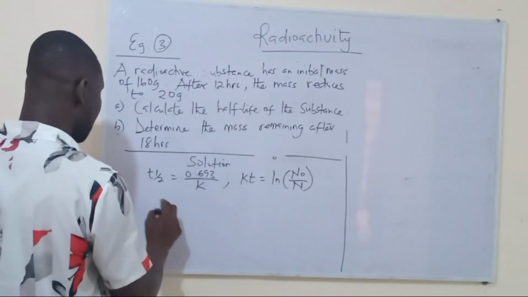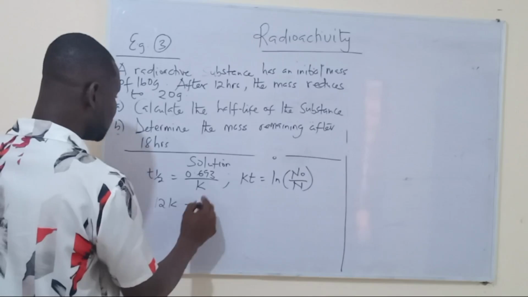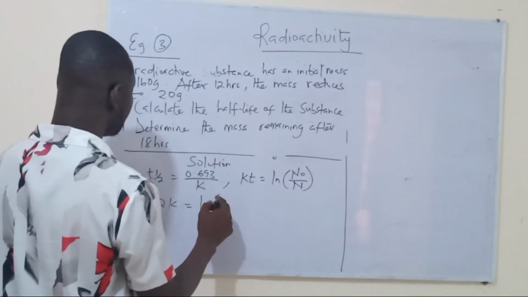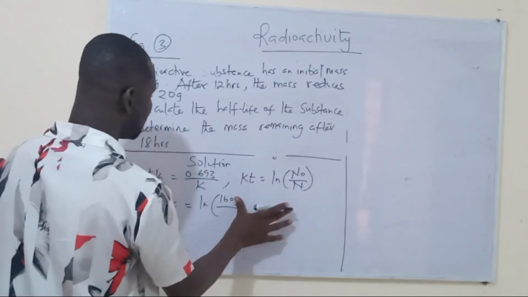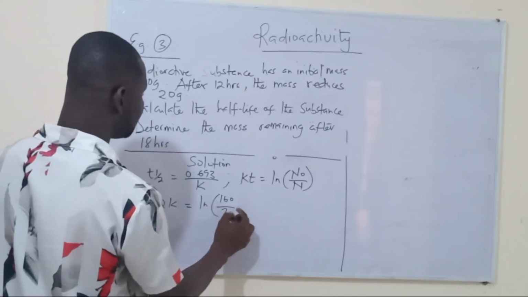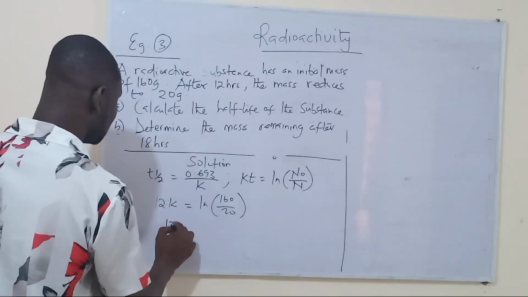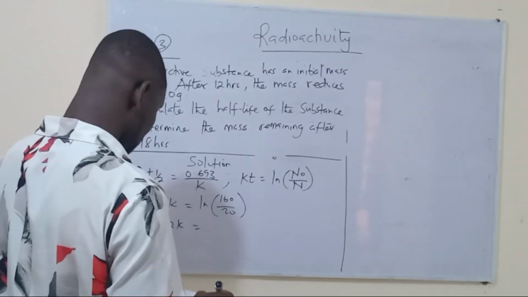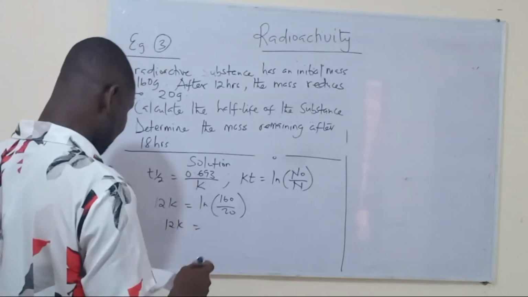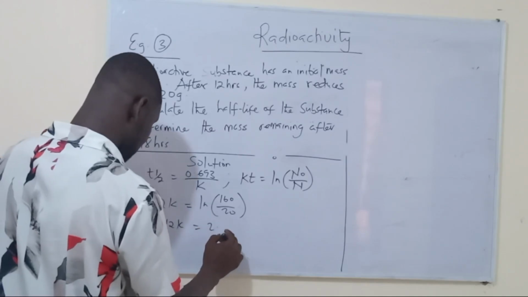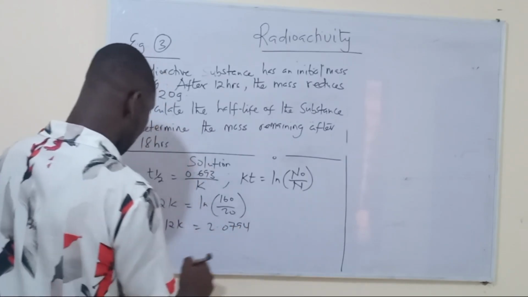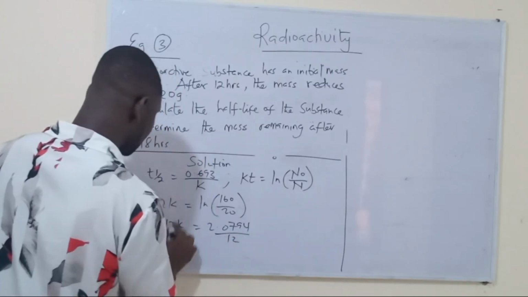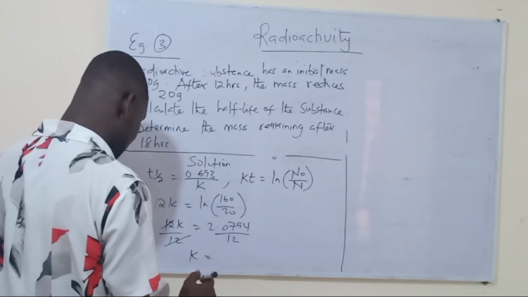So 12 times K, I'll get 12K equal to ln of the initial mass, which is 160 grams, over the final, 20. So 12K is equal to ln of 160 on 20. You should get 2.0794.